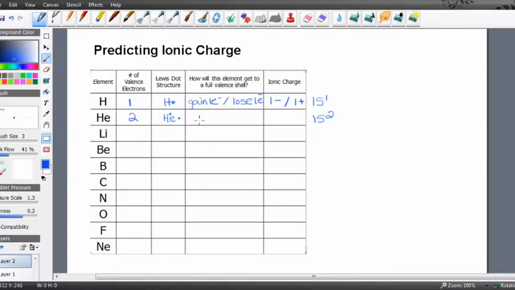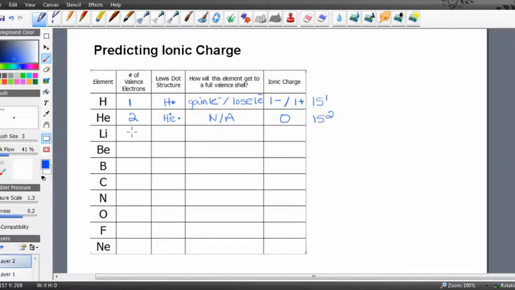The reason why it's over there is because it has a full valence shell, but it doesn't have 8 valence electrons like the other noble gases. The first energy level is full with just 2 electrons. So this element won't do anything in order to become stable because it already is. So that's not applicable to us. And helium will have no ionic charge.